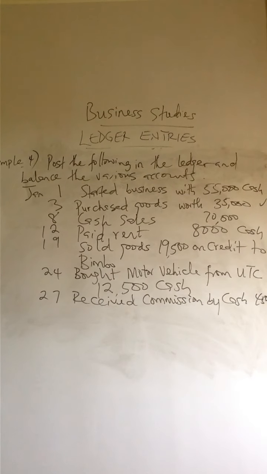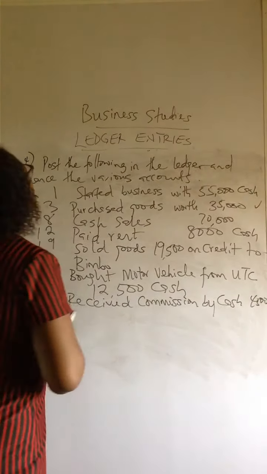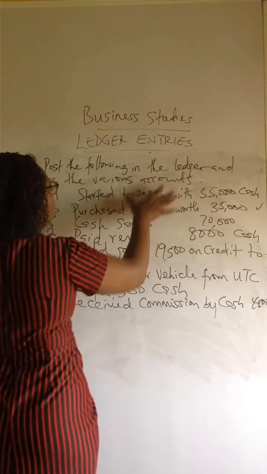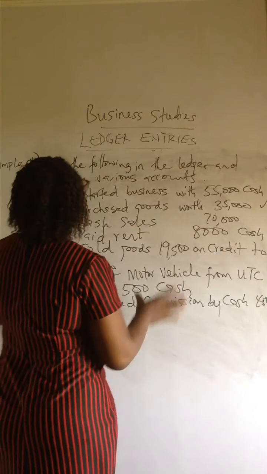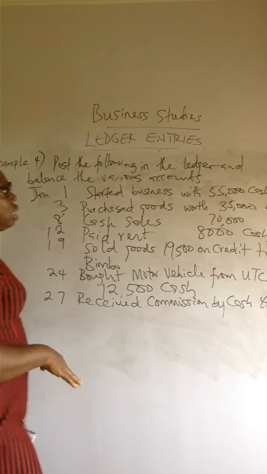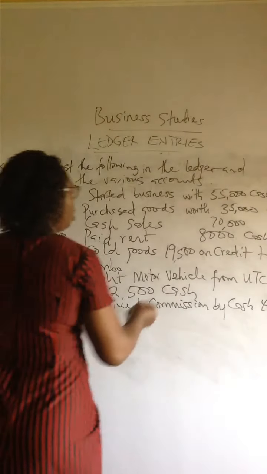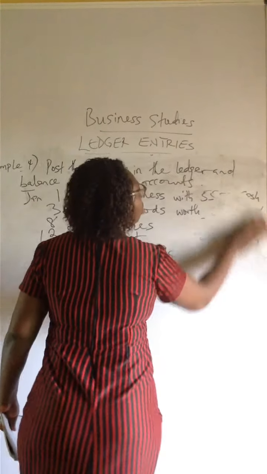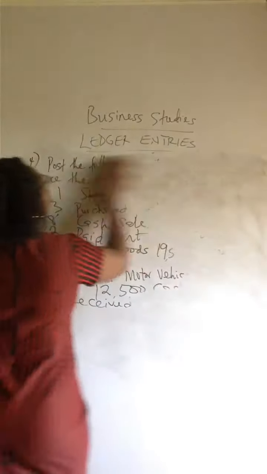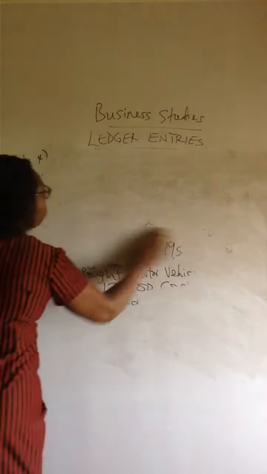So this is the question we are going to work with, and from here the instruction said we should post these into a ledger and open the individual accounts for all these transactions. Because of space, I'll have to wipe this out. The questions are already in your note, so I'll just show the workings on how we are going to do this.